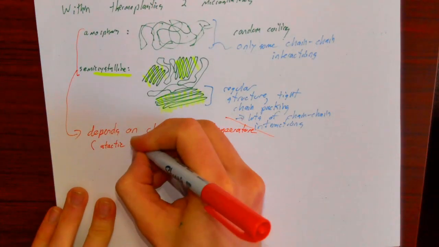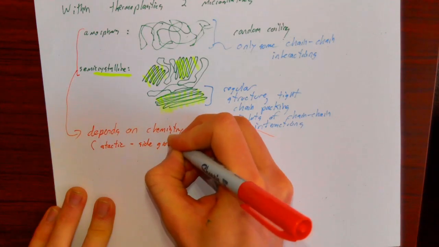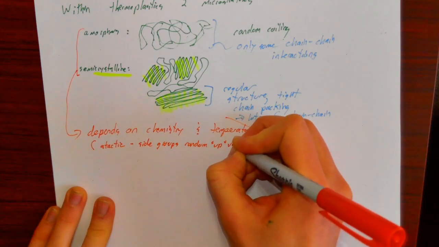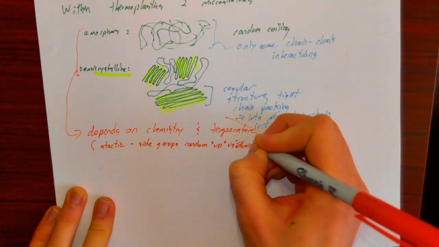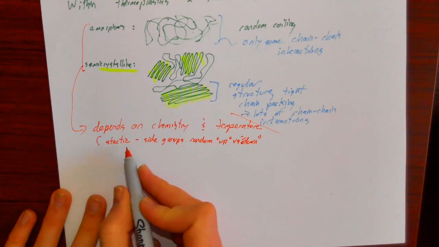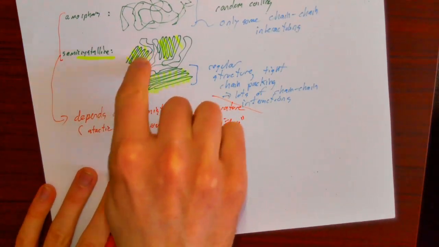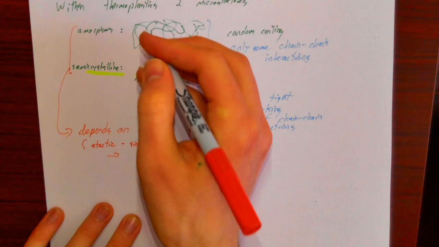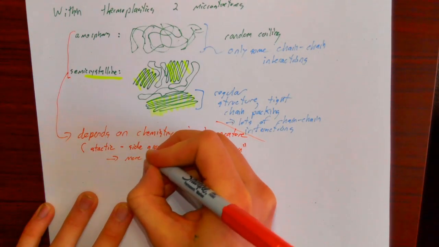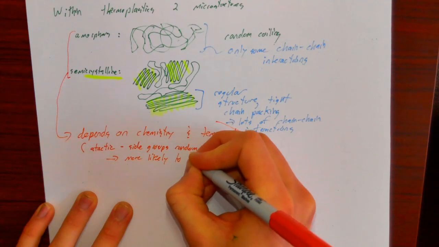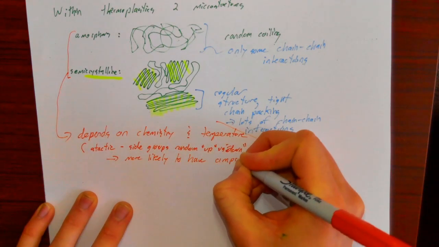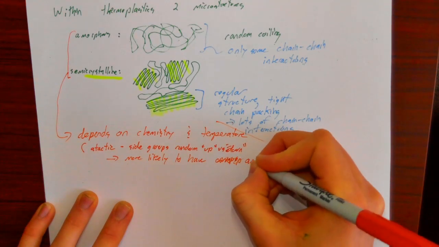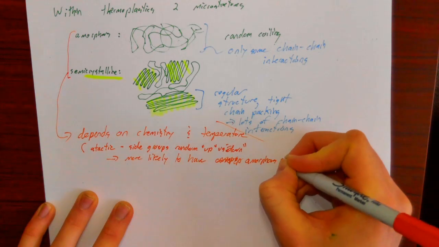So side groups are random, up versus down. If something is atactic, then the chains can't pack into these crystals very nicely, so it's more likely to have an amorphous structure.